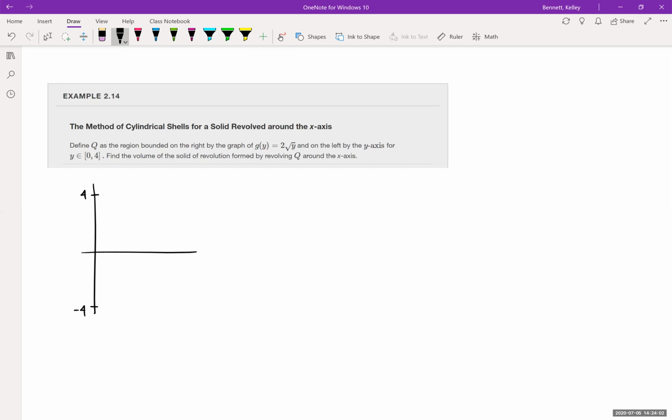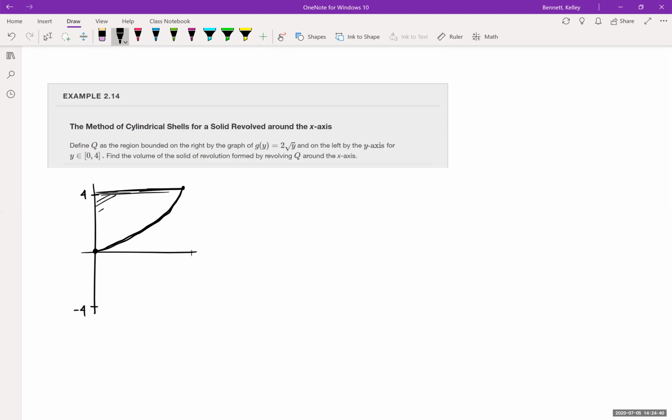When y is 0, x should also be 0. Okay, so we have y 0, x 0. Then when y is 4, x is also going to be 4. So that's the point (4, 4), and I'm here. And this thing should look like that. Then I'm bounded on the left by the y-axis and above by y equals 4.